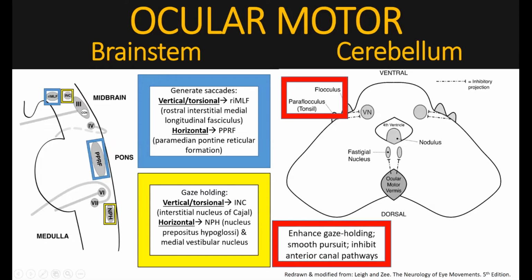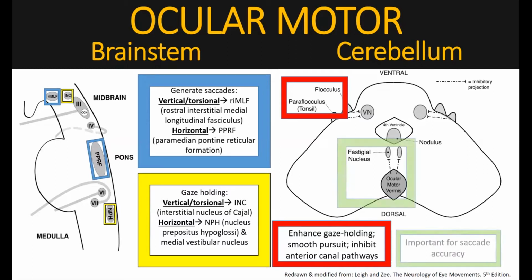The flocculus, again, one of their big purposes is to enhance gaze holding, responsible for smooth pursuit pathways, also inhibition of the anterior canal pathways, so that if you have too much activity of the anterior canal pathways because the flocculus isn't working, that's one of the most popular theories for why patients can have spontaneous downbeat nystagmus.